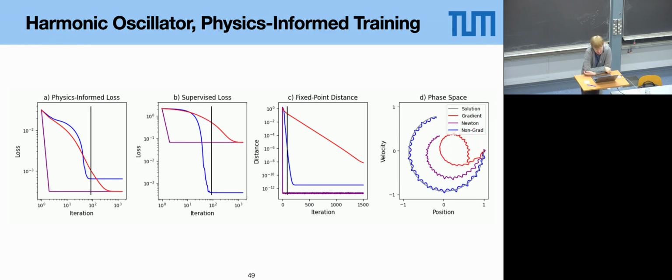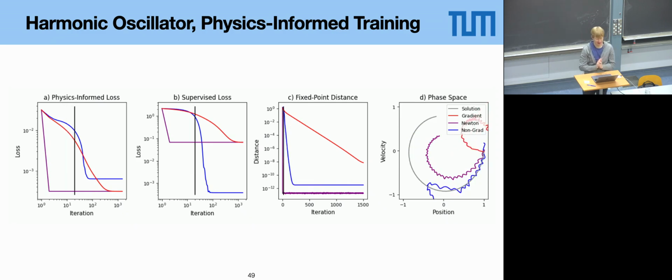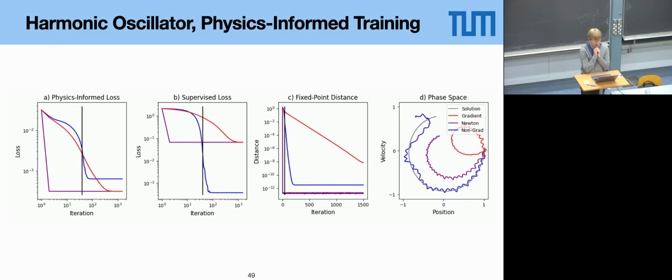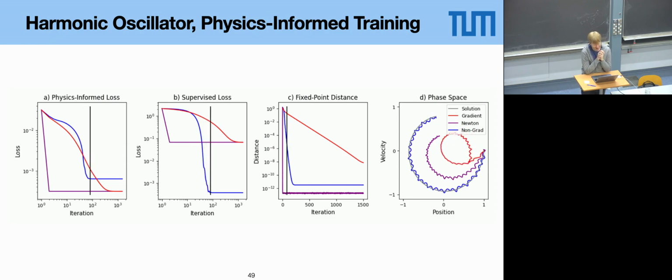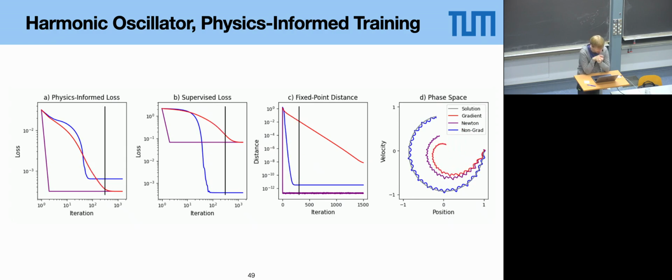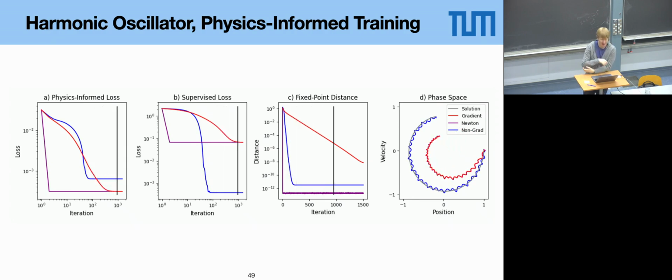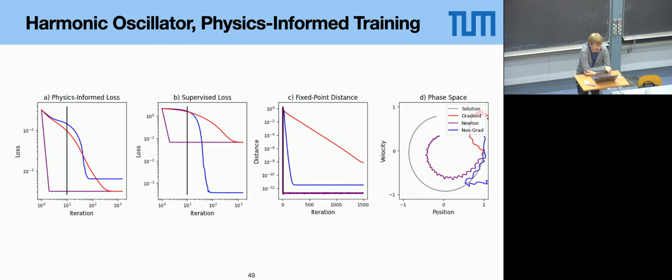You can see in the right plot that the blue curve finds the solution way faster, but also in the third plot. This is the best way to measure the distance to the two different fixed points that they approach. You can see that after, I don't know, 30 steps or something, it's done. Or no, it's actually 100 or something. But it's way faster than the gradient method.